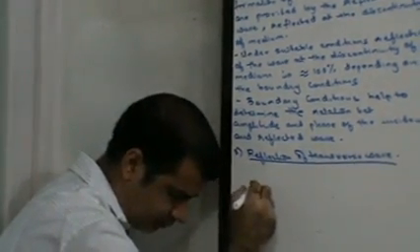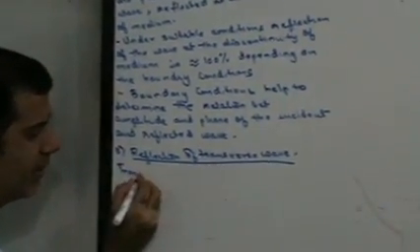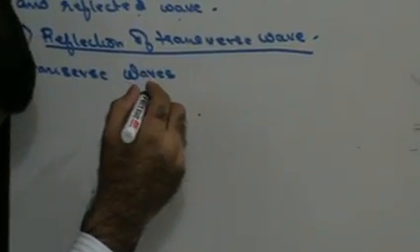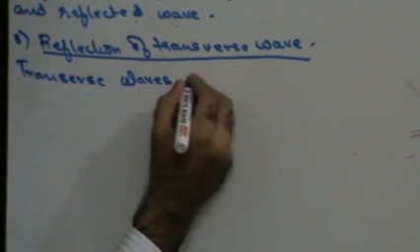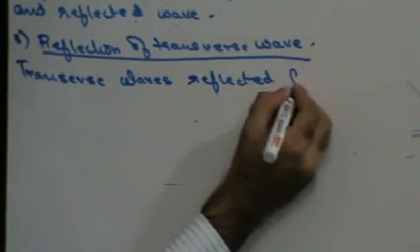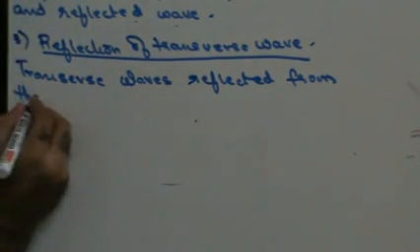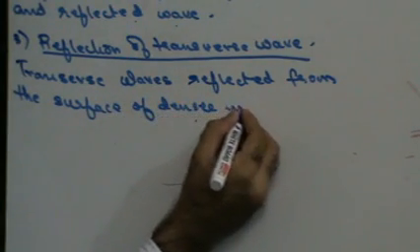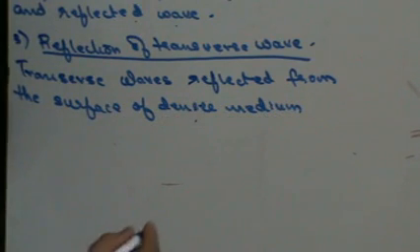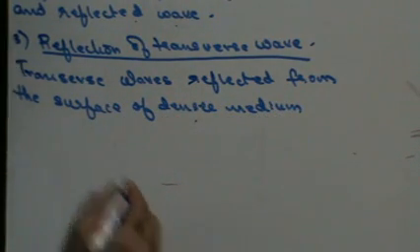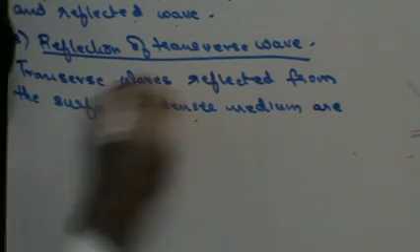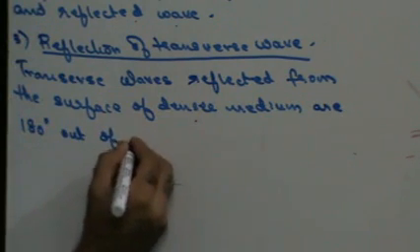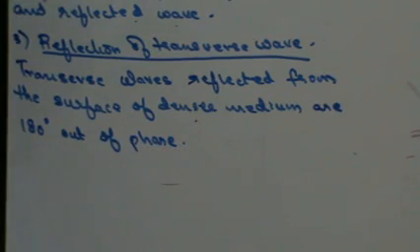So I can say that transverse waves reflected from the surface of a denser medium are 180 degrees out of phase, right?